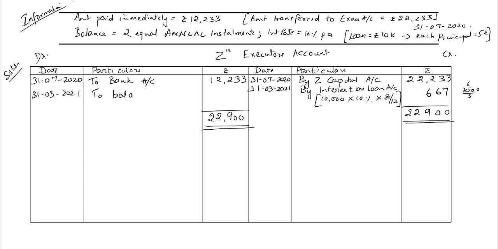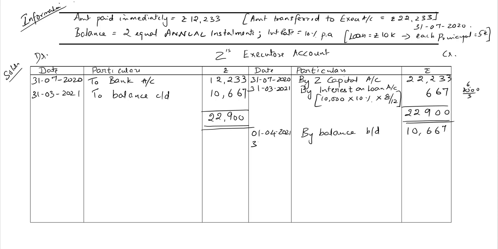To balance carried down 10,667. Next year, beginning 1st April 2021, bring down the balance by balance brought down 10,667 rupees.